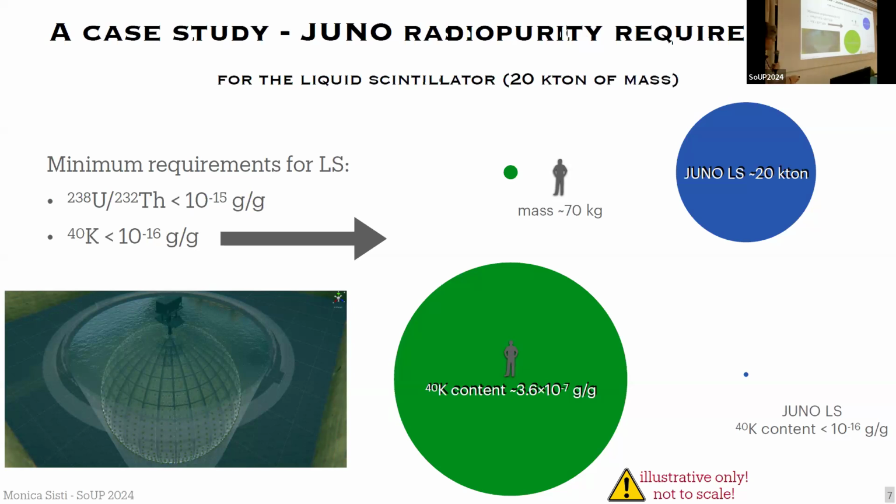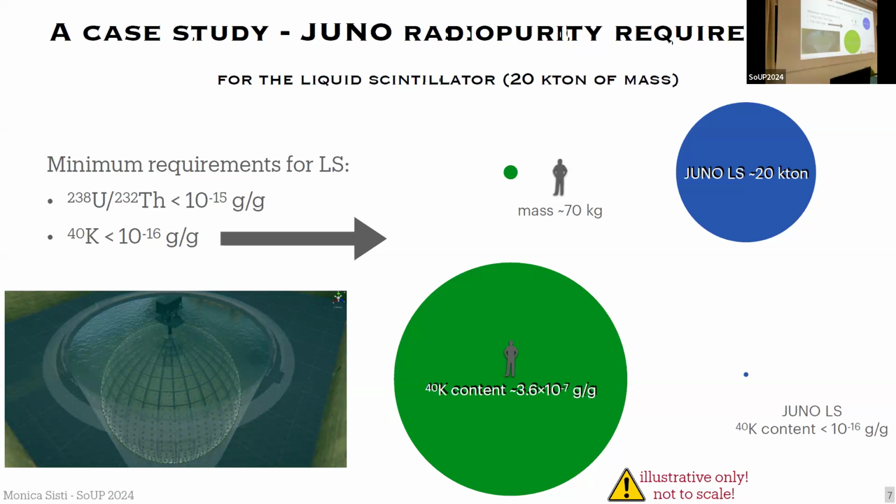So I made this picture that is just for illustration. It's not to scale, not to scale at all. But if we take a typical mass of a man that is about 70 kilograms, and you compare it to the mass of JUNO, so the man is very small. But when you take the potassium-40 content of a human body, we have about 3 milligram of potassium, which means about 25 milligram of potassium-40, because it has a very low isotopic abundance.